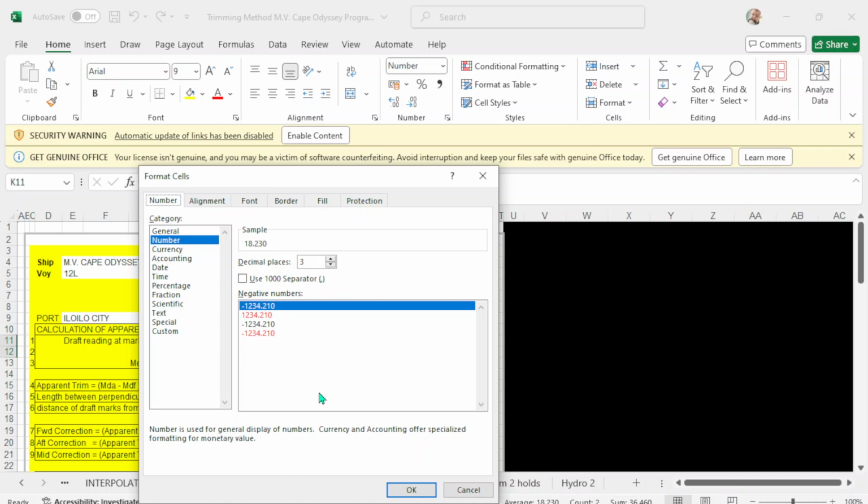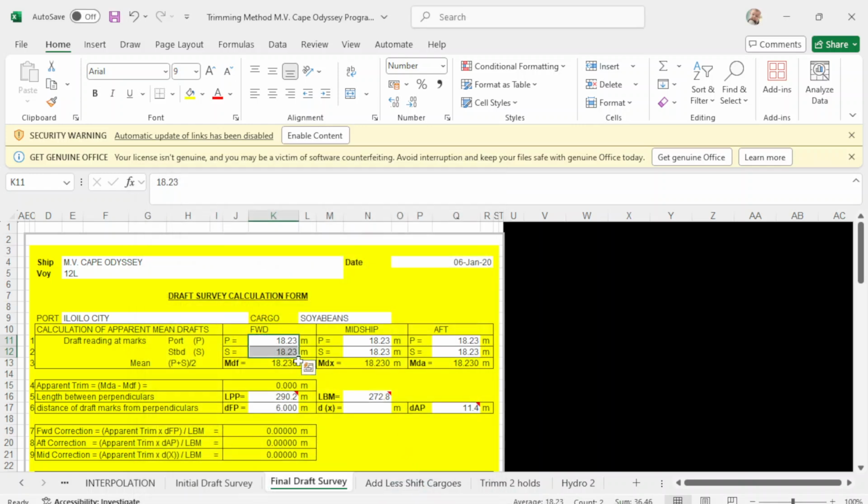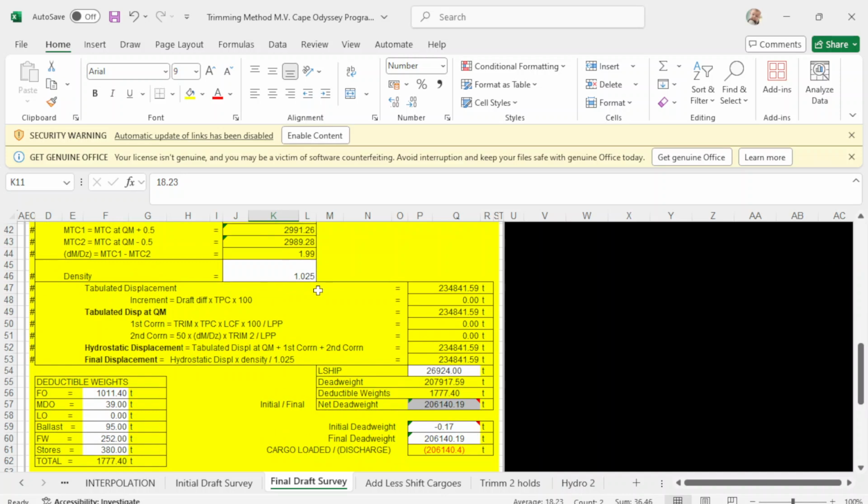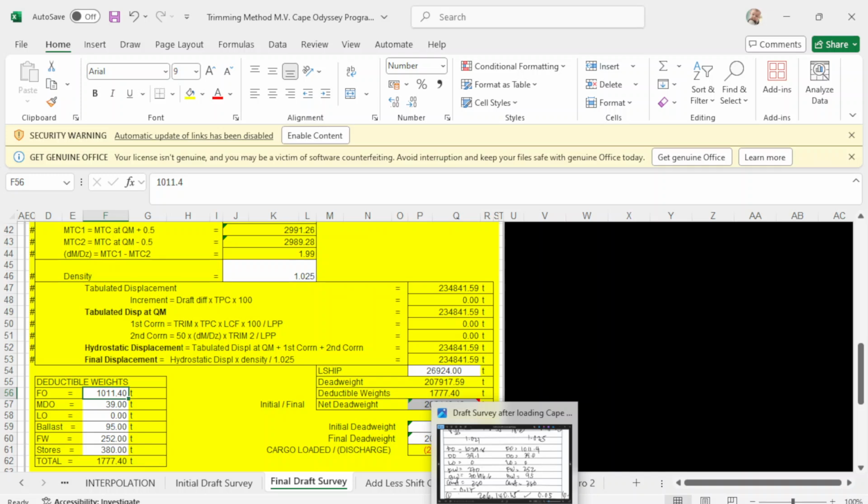Format, deduct 1. Then you have 1823. Scroll down. Density is 1.025 and correct your fuel oil. Okay, that will be final.